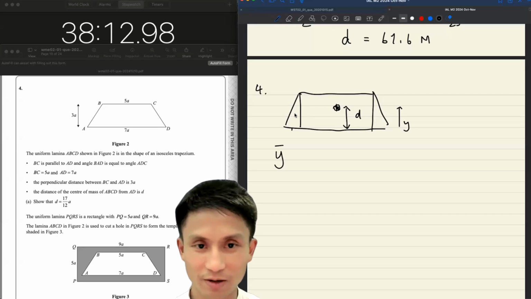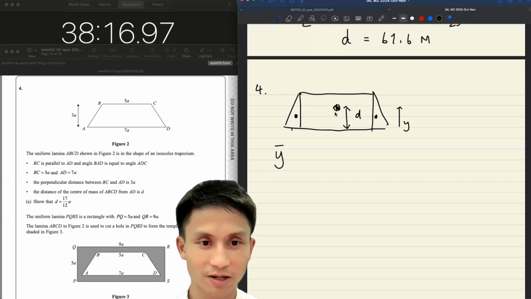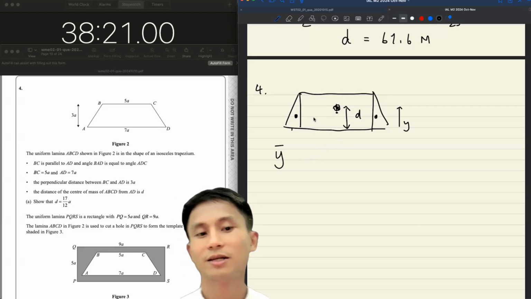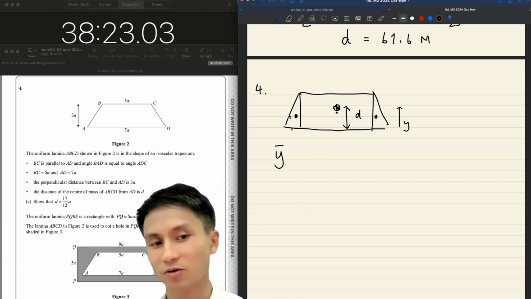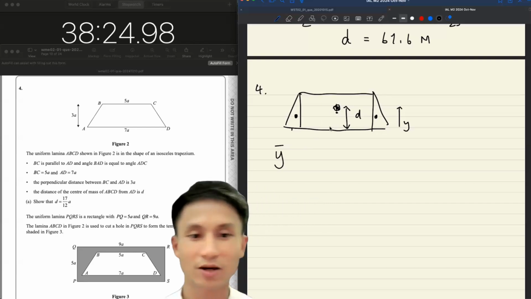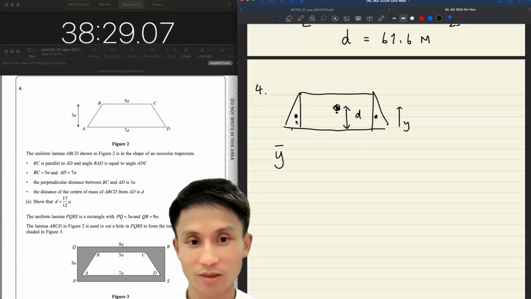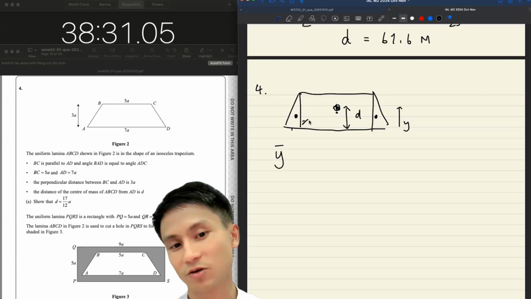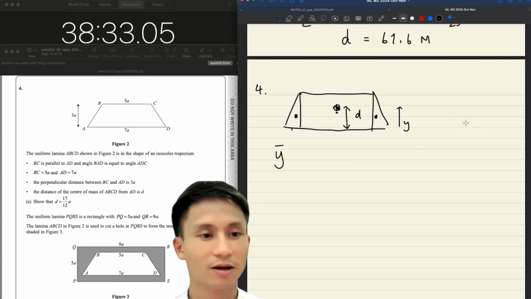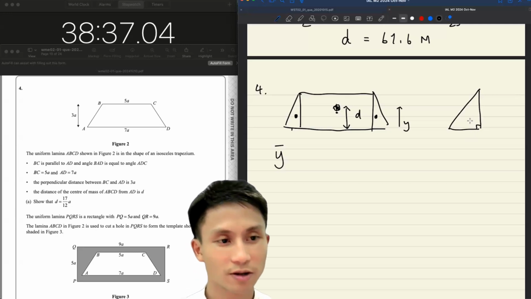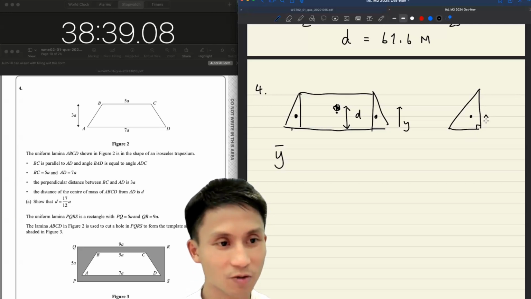So we're going to split, right, into three shapes here. Okay, so we know the centers of mass of a triangle and the rectangle are, so this is 1/3 from the corner, from this corner here. So if you have a right angle triangle, the center of mass here is going to be 1/3.